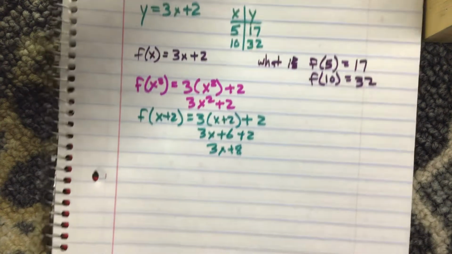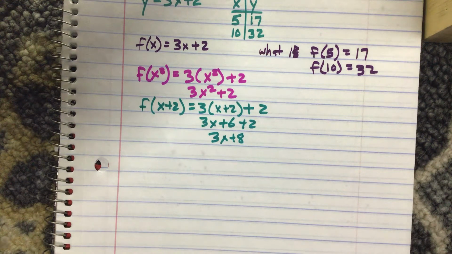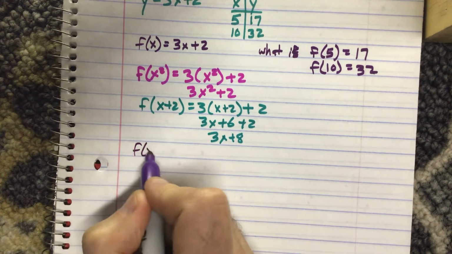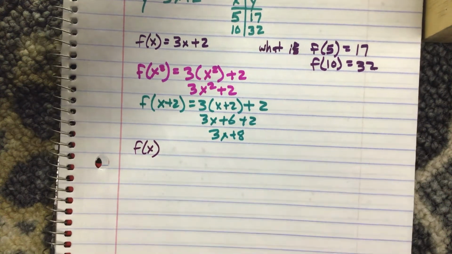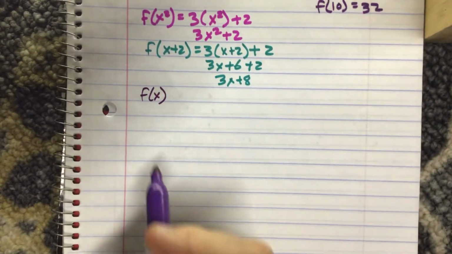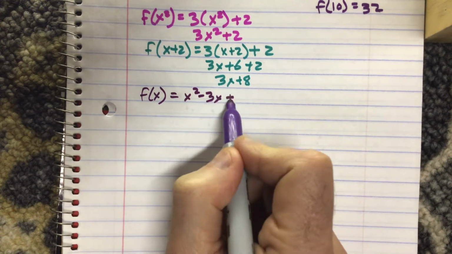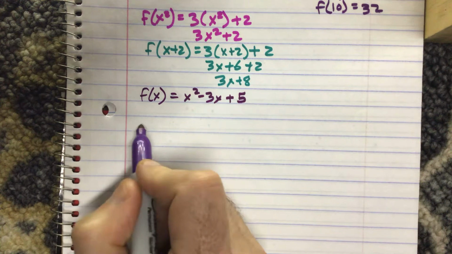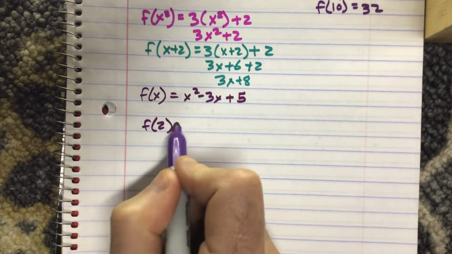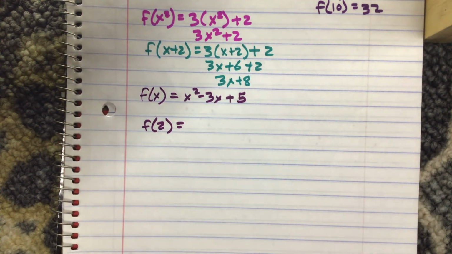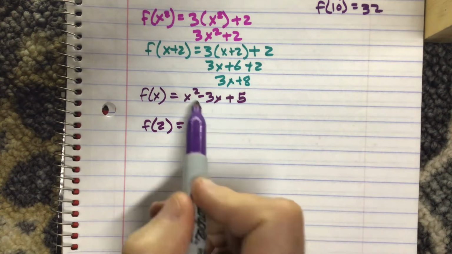Let me give another example. If you had, for example, f of x equals x squared minus 3x plus 5, and I asked you what is f of 2, you would have to plug 2 into each x term.